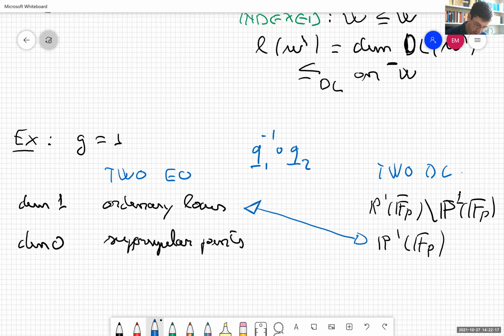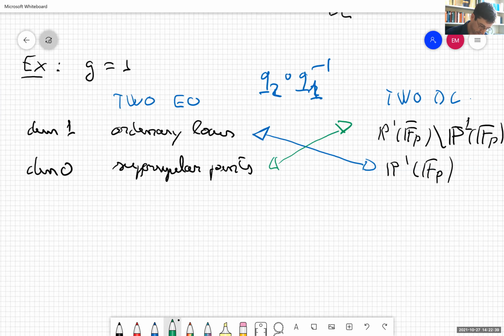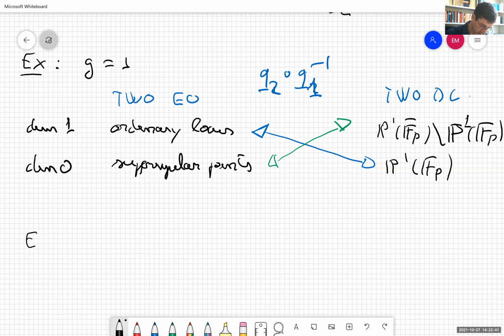And the supersingular locus, which is zero-dimensional, becomes one-dimensional when you take, oops, I see that I flipped the two, so it's Q_1 inverse composed with Q_2, sorry. It's actually one-dimensional. Okay, so there is not a perfect correspondence, but still, there is a shift of dimension.